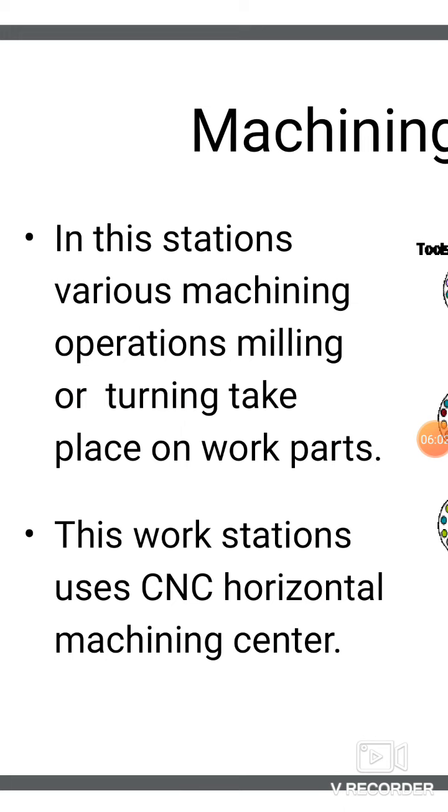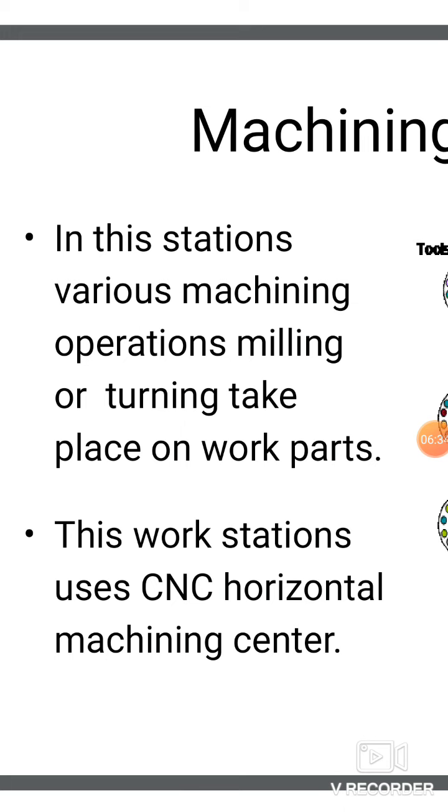Storage features facilitate quick physical changeover as necessary. Quick changeover means the machine quickly picks up the tool from storage and replaces it where needed, and from that tool the machine starts running, machining our product. That is called a machining station, where various machining operations like milling, turning and facing take place on work parts.